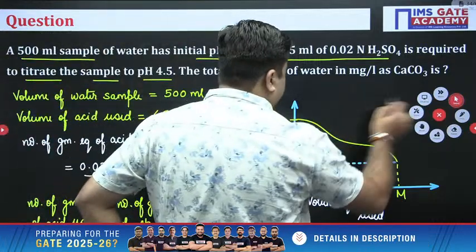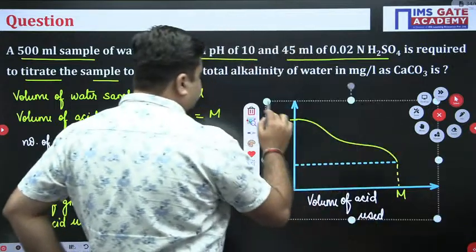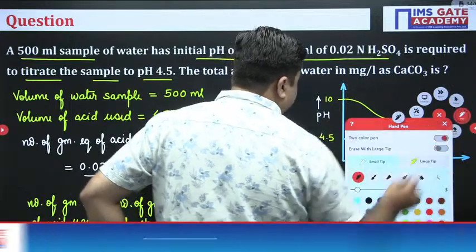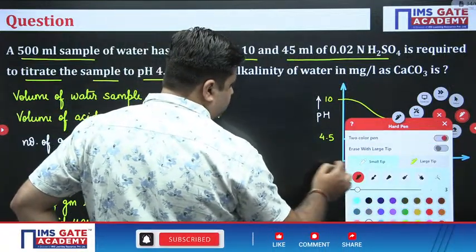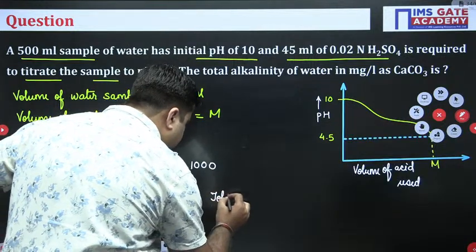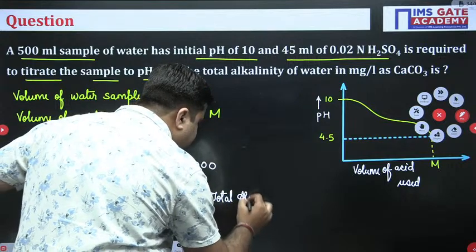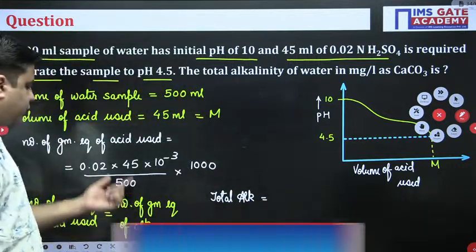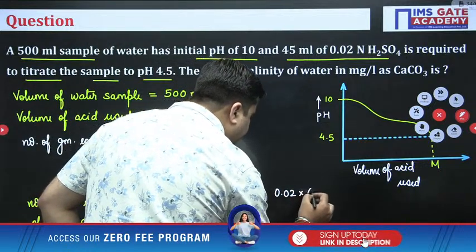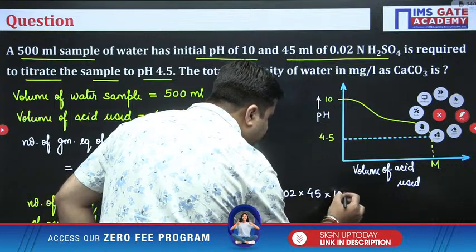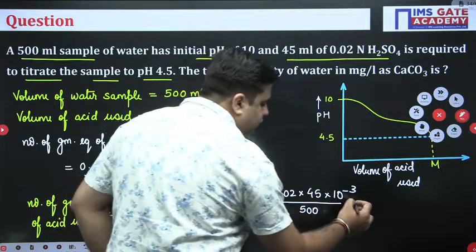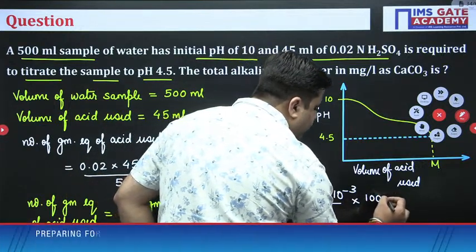So total alkalinity of the water sample will be number of gram equivalents of alkalinity, which is this: 0.02 into 45 into 10 raised to power minus 3, divided by 500, multiply by 1000, into the equivalent weight of CaCO3.